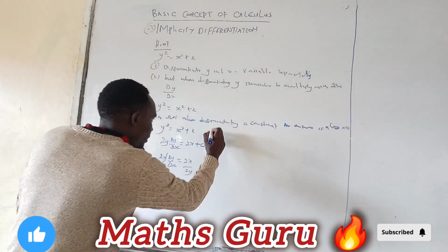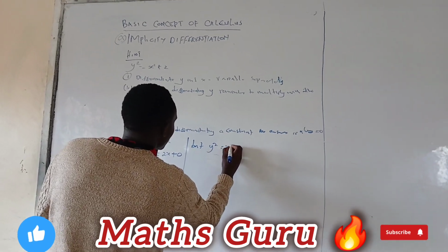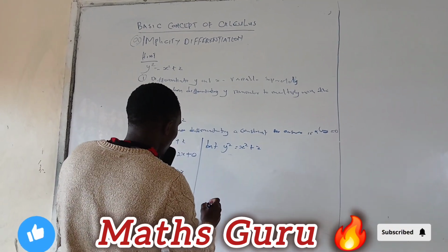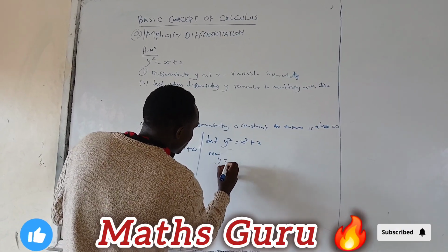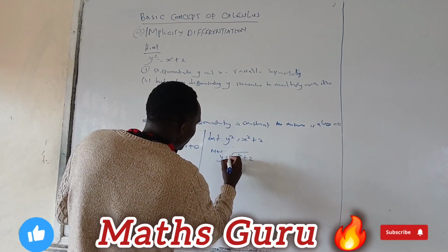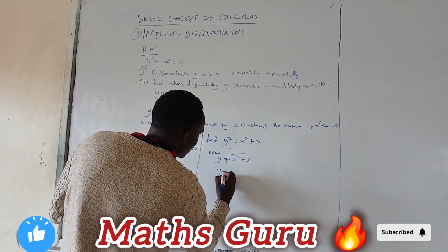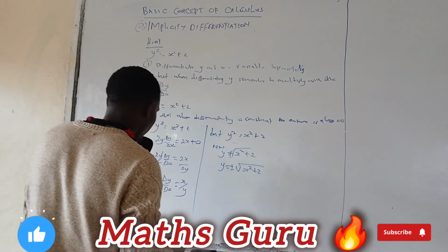But y squared is equal to x squared plus 2. Now y is equal to the root of x squared plus 2, plus or minus. So y is equal to plus or minus the square root of x squared plus 2.